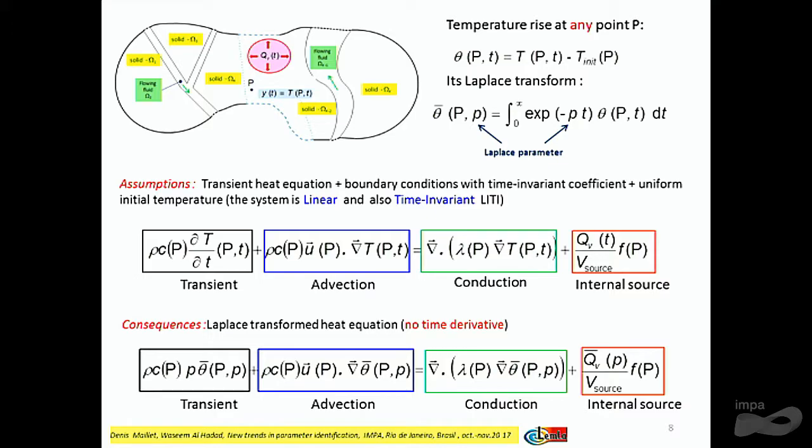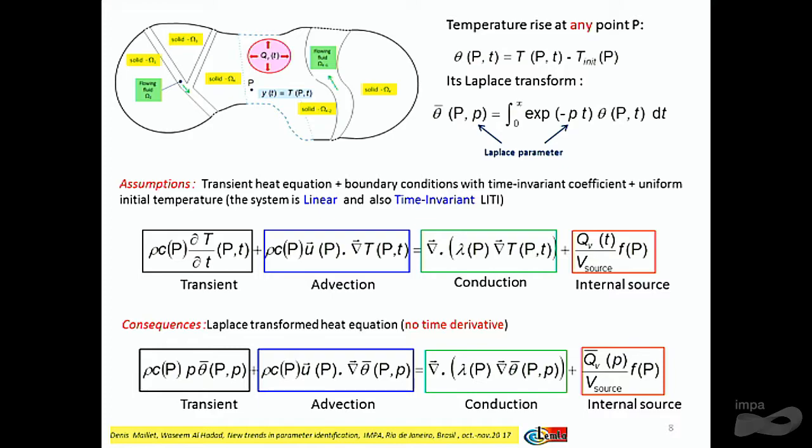Here you have the advection term. The only different transformation occurs with the transient term. When you transform a derivative in time, you recover P multiplied by the temperature minus the initial temperature. But since we use theta equal to 0 initially, you have only this term.